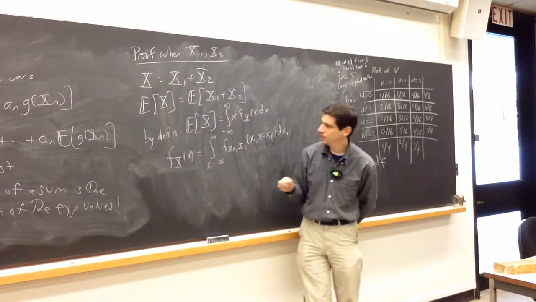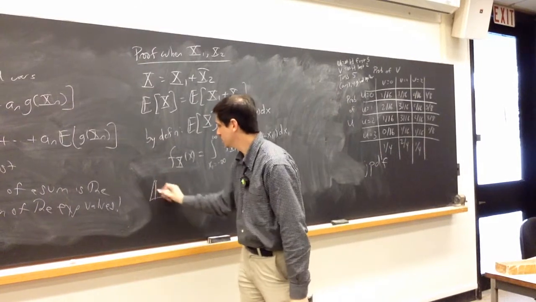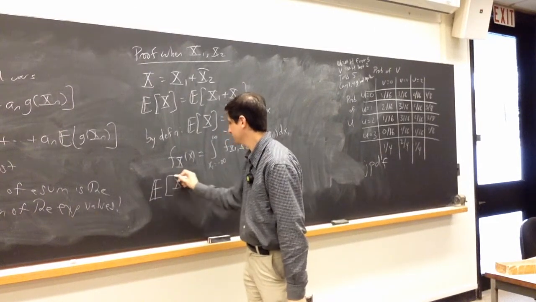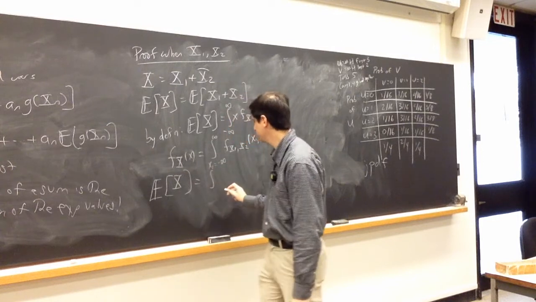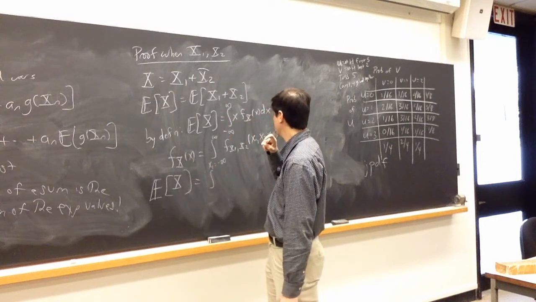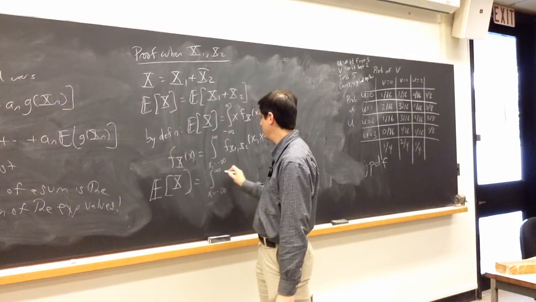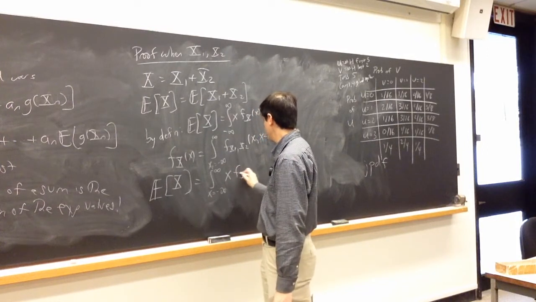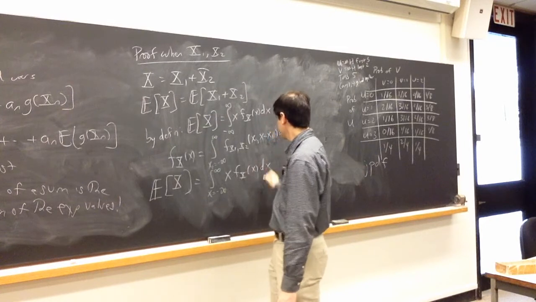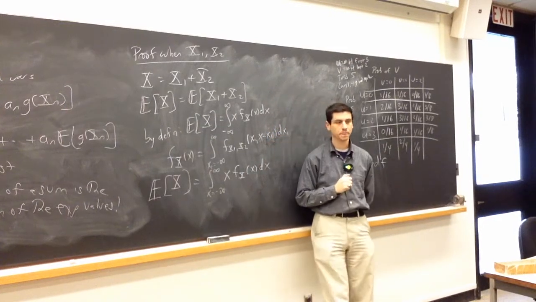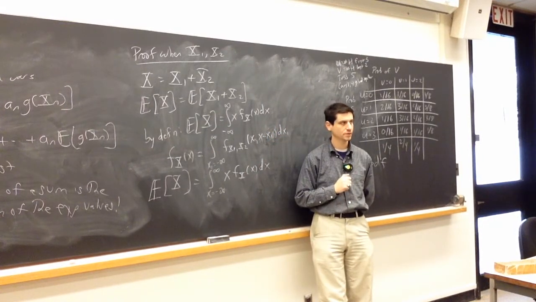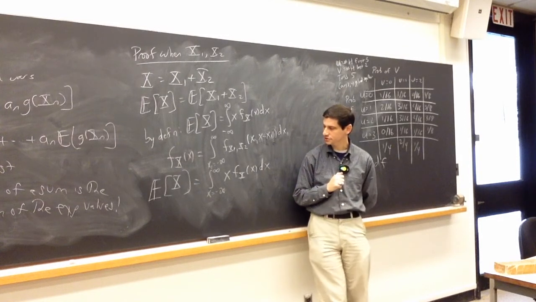All right, so now if I want to calculate the expected value, the expected value of x is going to be the integral, x goes from minus infinity to infinity, of x times f_X of x dx. I'm just working with the definition.